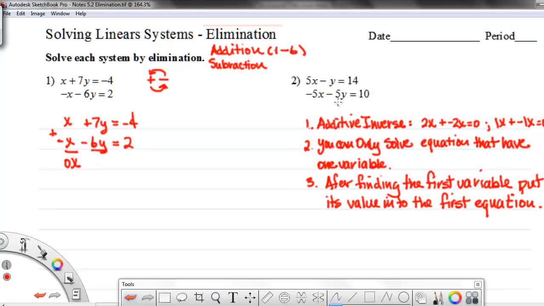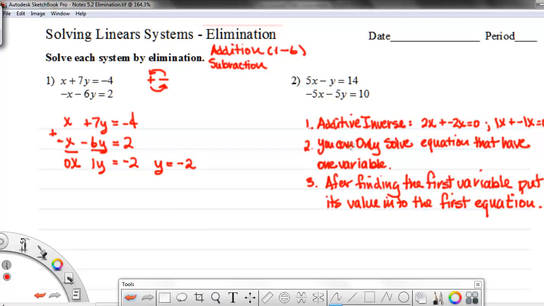Now, on the 2 problems that we've done, the x's have dropped out, but you can have the y's drop out just as easily. 7 add a negative 6 will give me a 1y. Negative 4 plus 2 gives me a negative 2. So y equals a negative 2 on this one.